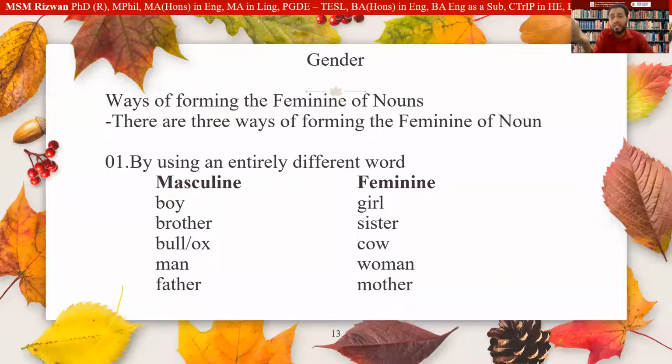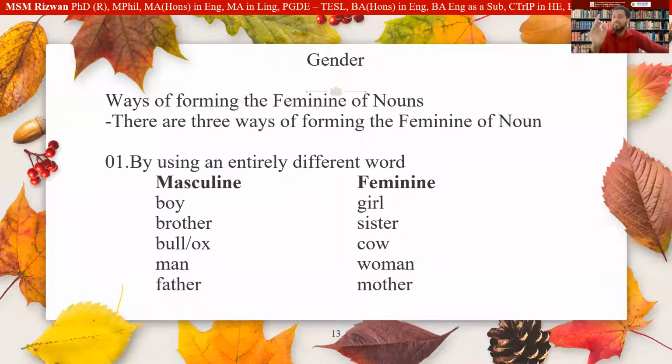It's about gender. Basically there are masculine as well as feminine. These two are the categories of gender, right? Here, you have to know what the ways of forming the feminine of nouns are. You know the masculines. Basically, there are three ways.